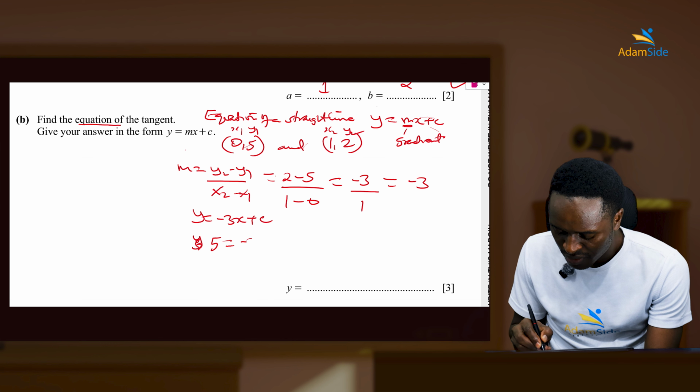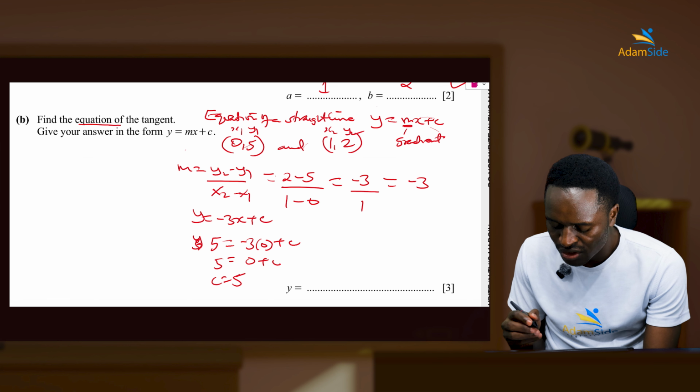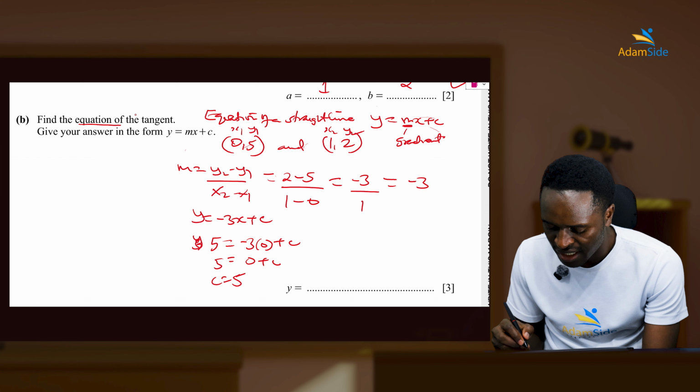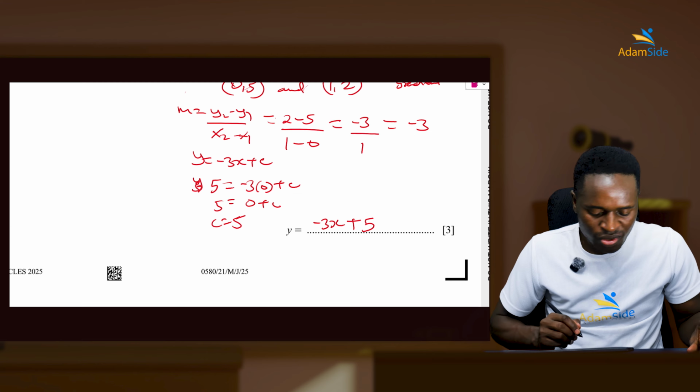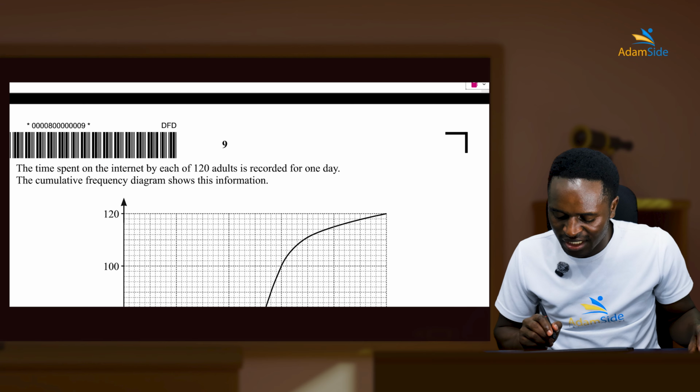So 0 plus c is equal to 5, then c is 5. Or the other way, you just know that at the y-intercept, the value of y is 5, which is c. So you just say y is equal to negative 3x plus 5, and you get your answer.